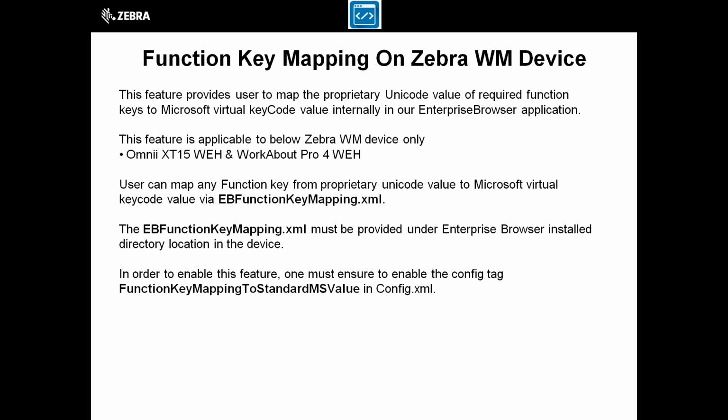Using this feature, when we press F1, the user will get 112 if they map the same in EB function key mapping.xml. This detail is already captured in the online documentation. The user can further refer to the online documentation.